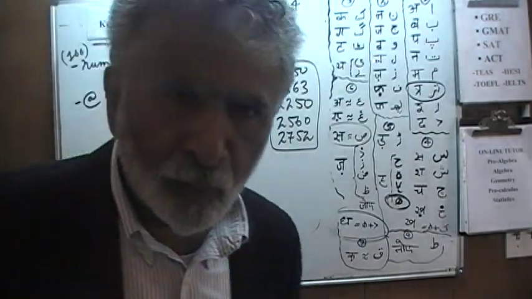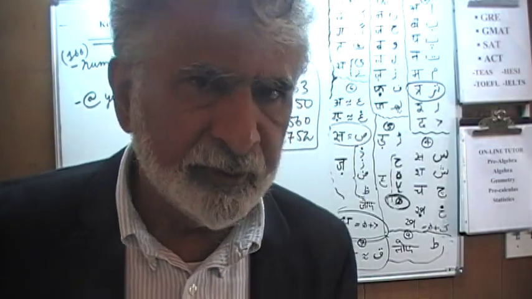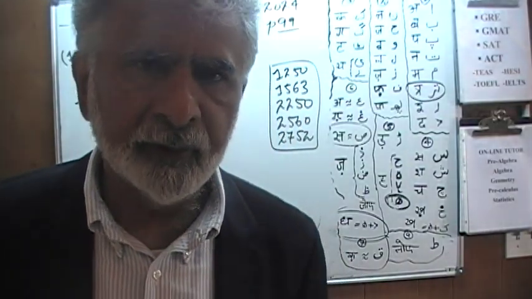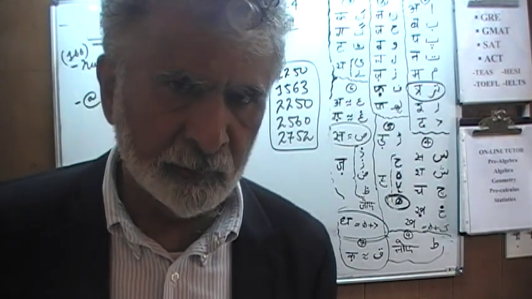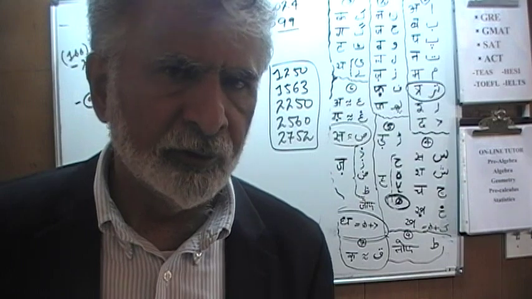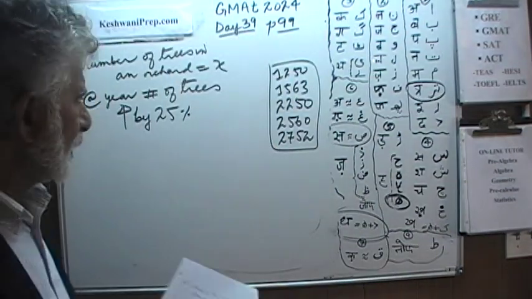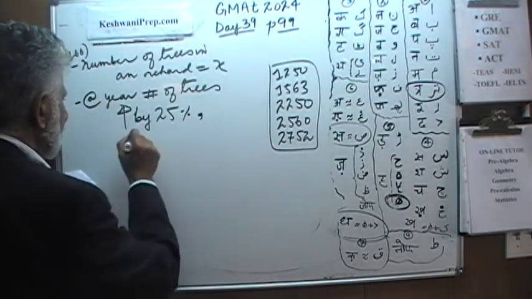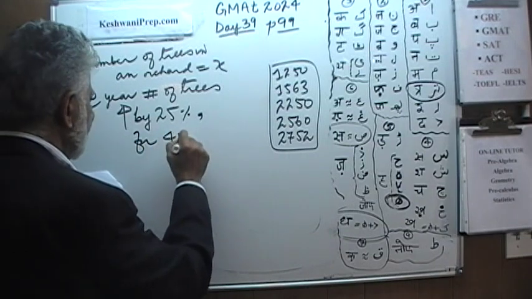So we have an orchard with a given number of trees in it. They don't call it x, obviously, I'm calling it x. Each year the number of trees in the orchard is increased by 25%, and that goes on for 4 years.